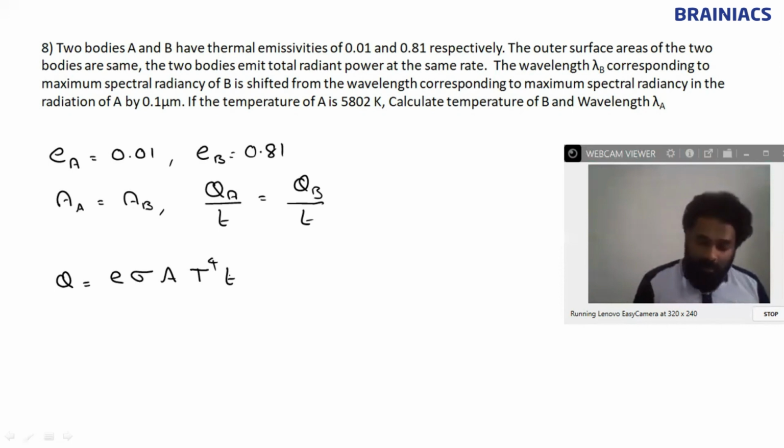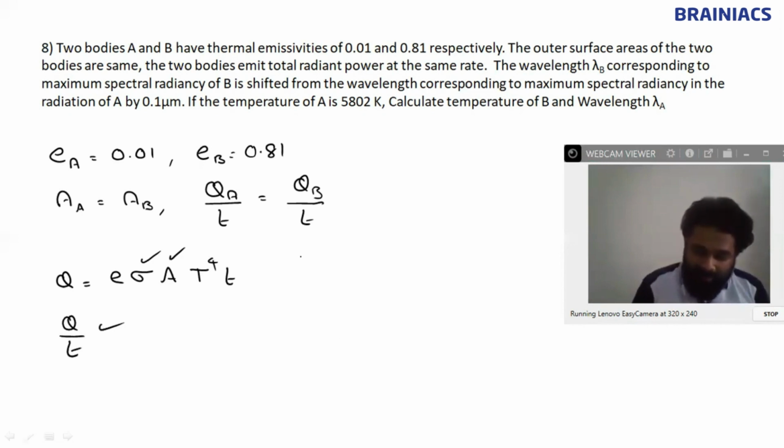Clear? Right. So from this, what we can understand: sigma is constant, Stefan's constant, that is constant. Area of both the bodies are same. Now, Q by T is also same.